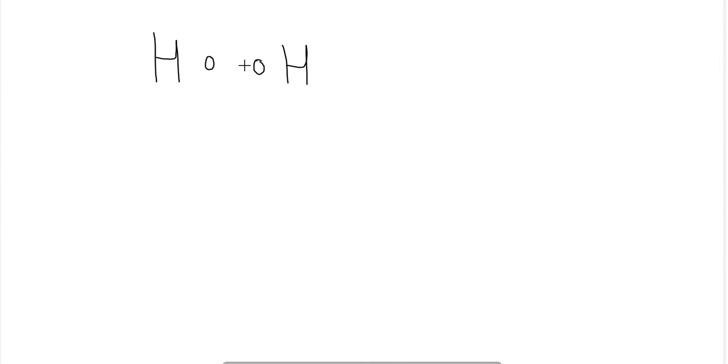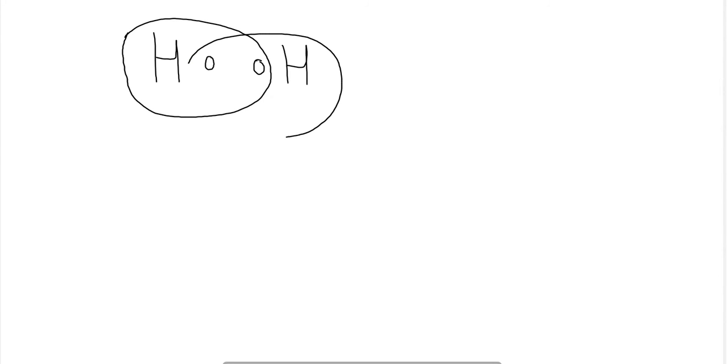In order to attain their nearest inert gas configuration, they require only one more electron. If these two hydrogens can share both their electrons with each other, then it will be possible for them to attain the nearest inert gas configuration, that of helium, which is 2.